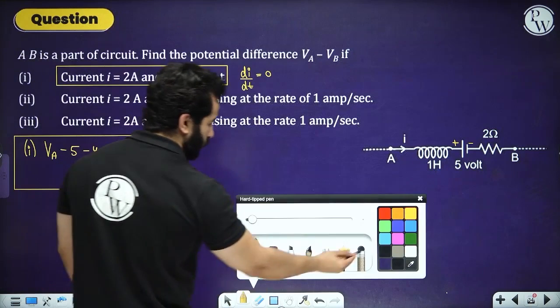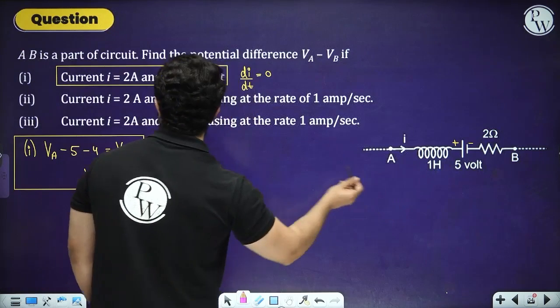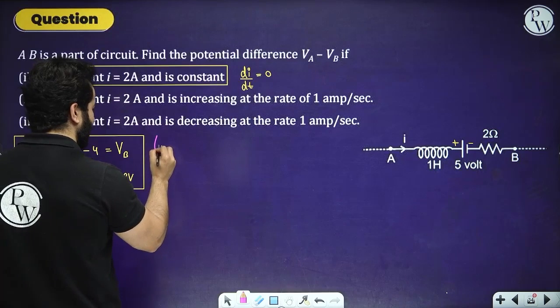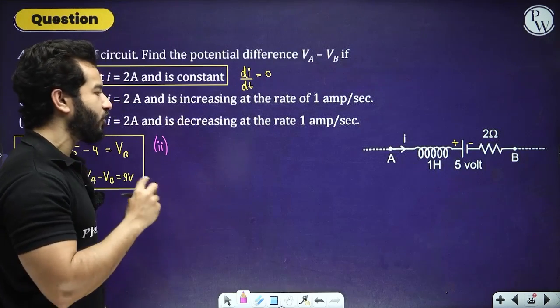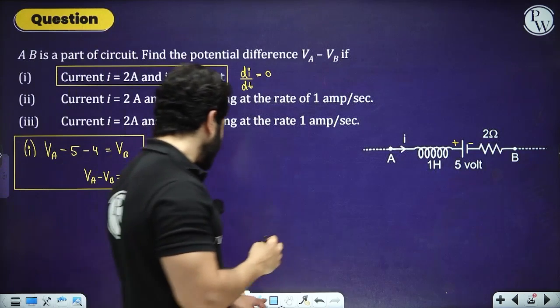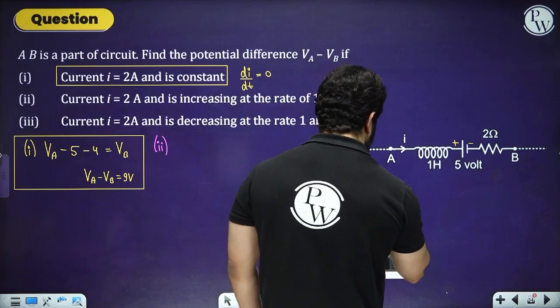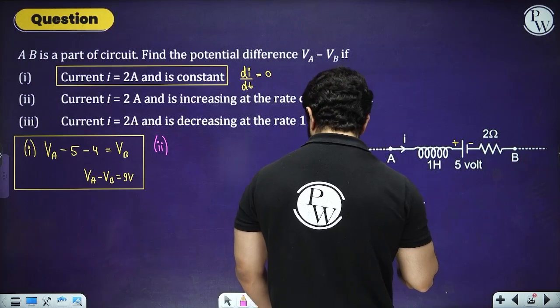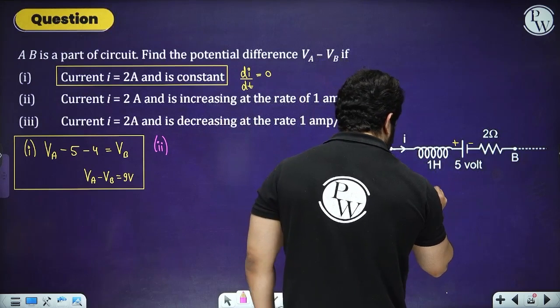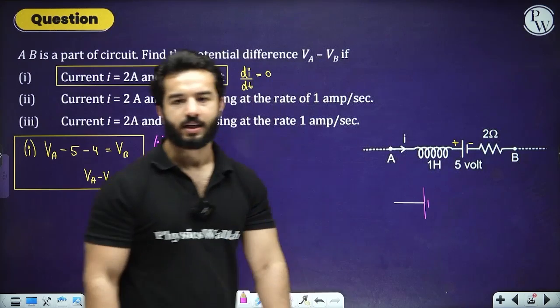Now let's talk about the second case, when current is increasing at a rate of 1 ampere per second. So I'm going to redraw this circuit. You have got point A and now you have got an inductor, and because current is increasing, it would actually try to decrease it, something like this.